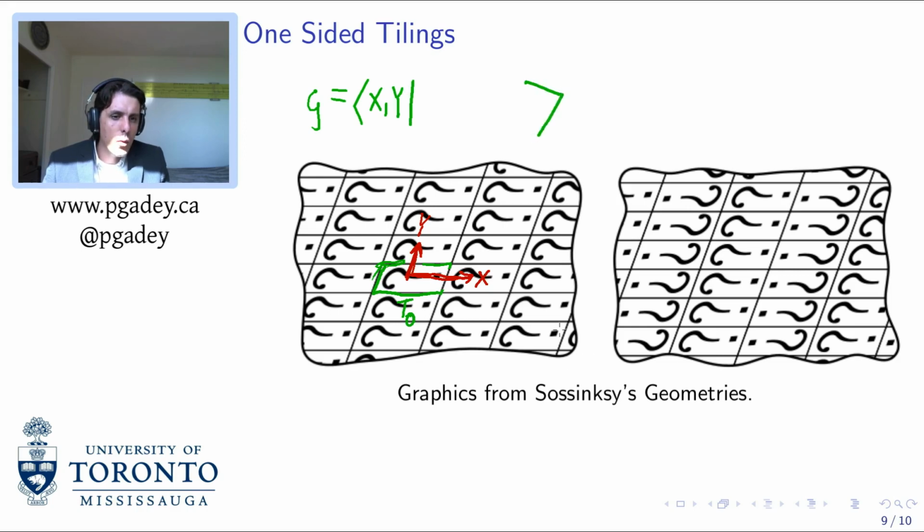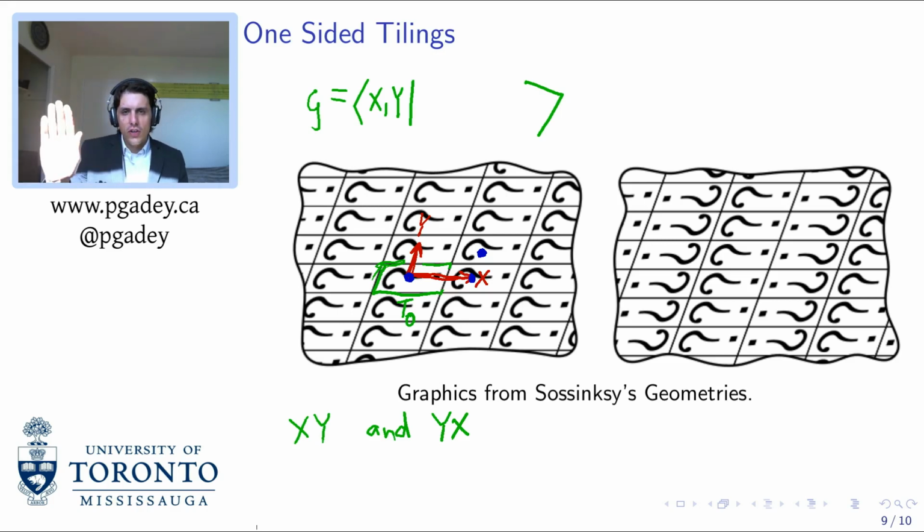And now we want to figure out what relationships these generators satisfy. So we want to look at what happens if we perform xy and yx. Okay, so let's first examine what happens if we perform xy. We translate a point from here onto the tip of x, and then we translate up according to y and get here. So we go right and then up.